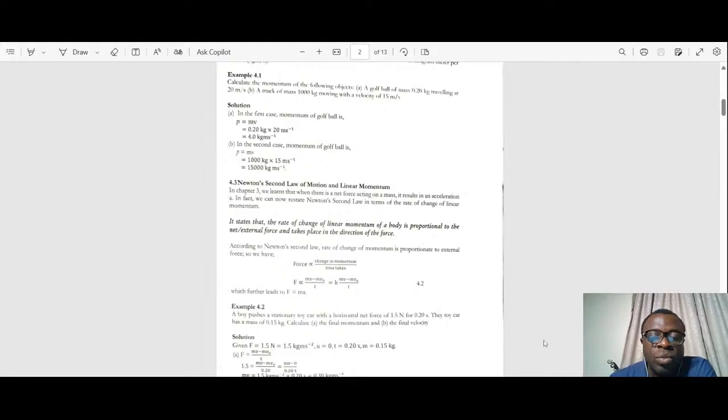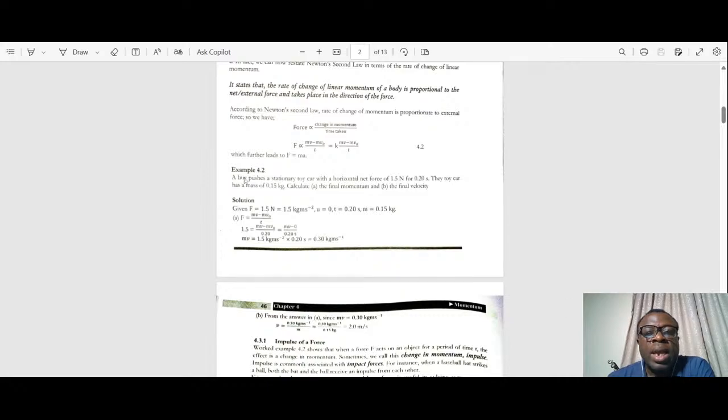So the question here is: a boy pushes a stationary toy car with a horizontal net force of 1.5 Newton for 0.2 seconds. The toy car has a mass of 0.15 kg. Calculate A, the final momentum, B, the final velocity.